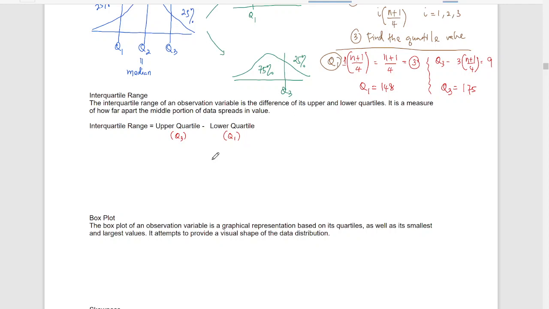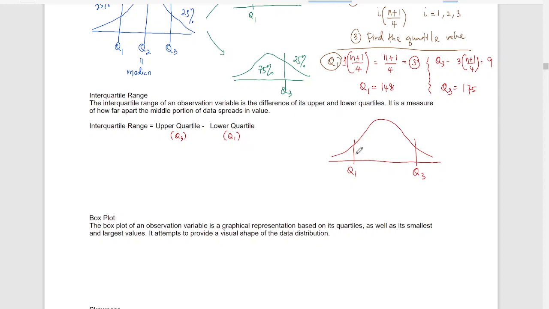The interquartile range gives you information on the distribution of the data in the main body of the data set. Main body means the 50% in the middle. When we draw the distribution of the data, we have Q1 over here and Q3 over here.